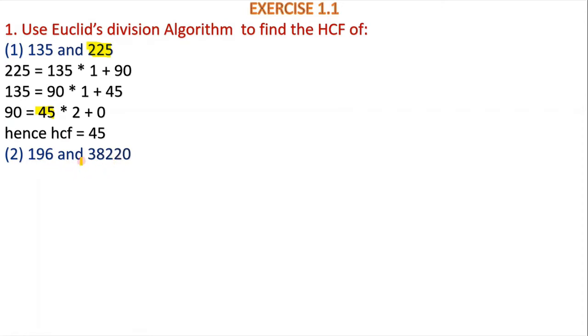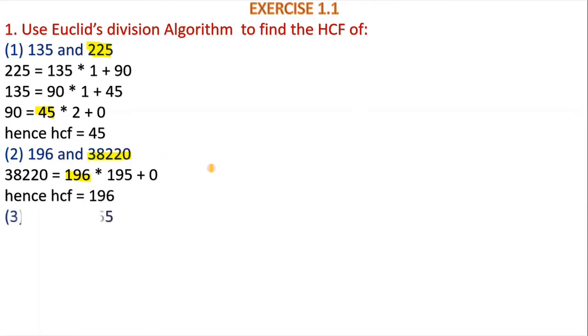I can clearly say that 38,220 is the larger number when compared to 196. So I can write 38,220 in terms of 196 as 38,220 is equal to 196 into 195 plus 0. Here in the first step itself we get the remainder 0. Hence the divisor 196 is the HCF of the two numbers 196 and 38,220.